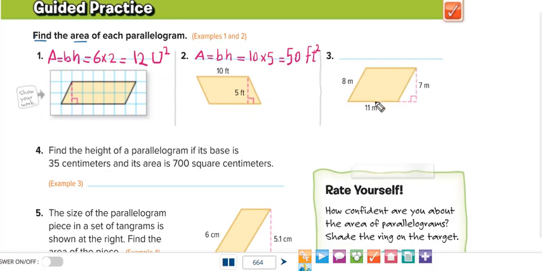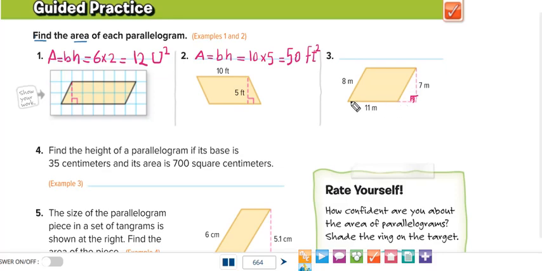Now this is a parallelogram. We are giving you three dimensions to check who can choose the right dimensions. Of course, this is the height because it's perpendicular. And perpendicular to what? Is it perpendicular to the 8 or the 11? Yes, we will choose the 7 and the 11 because they are perpendicular to each other.